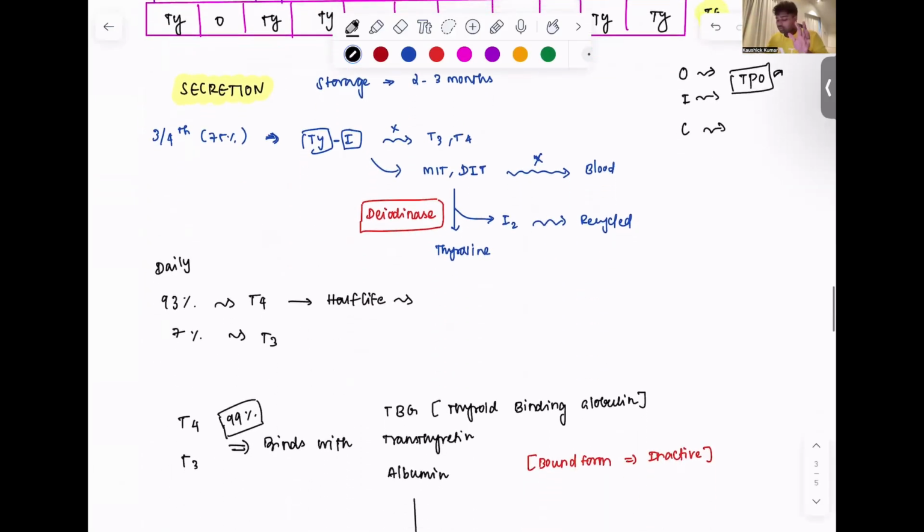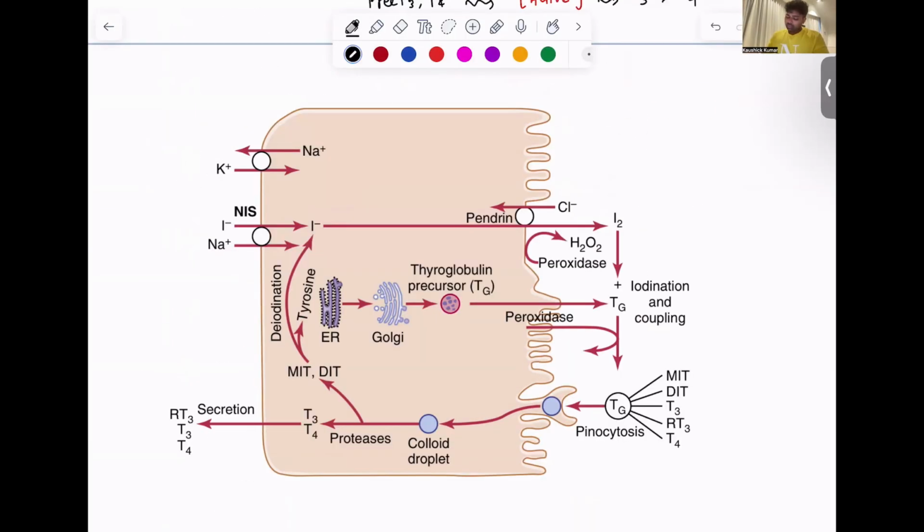I would like to show all these processes in a single image. You can see in this image, through the sodium potassium ATPase pump, sodium comes outside, and through the sodium iodide importer, sodium gets inside. When sodium gets inside, along with that, iodide gets inside the follicular epithelium. This process is called iodide trapping. This iodide gets across the apical membrane into the lumen through pendrin. When it is going through this apical membrane, with the help of the thyroid peroxidase enzyme, iodide gets converted into iodine.